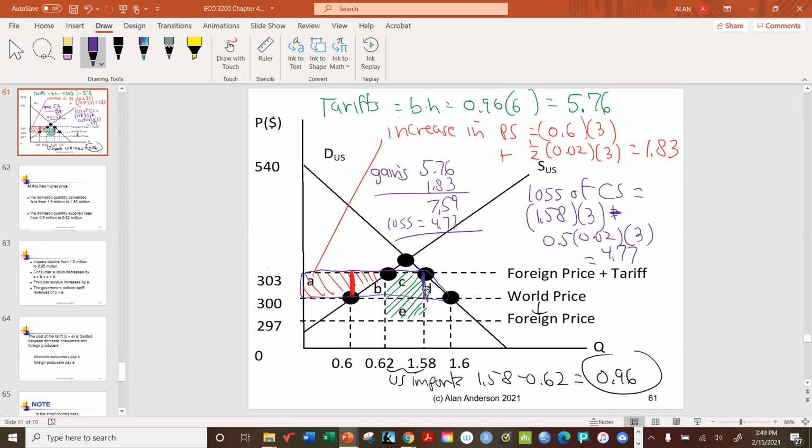So the imports are of 0.98, and they collect $6 each. Hmm.